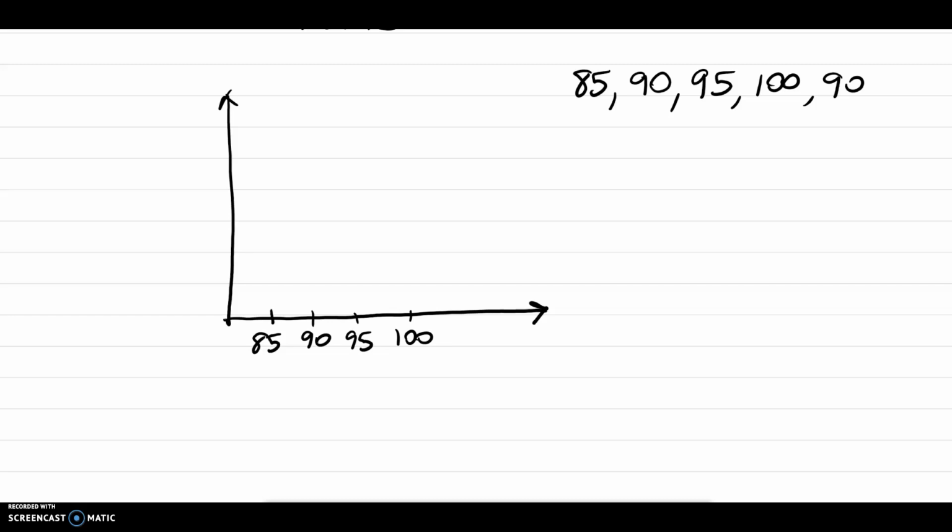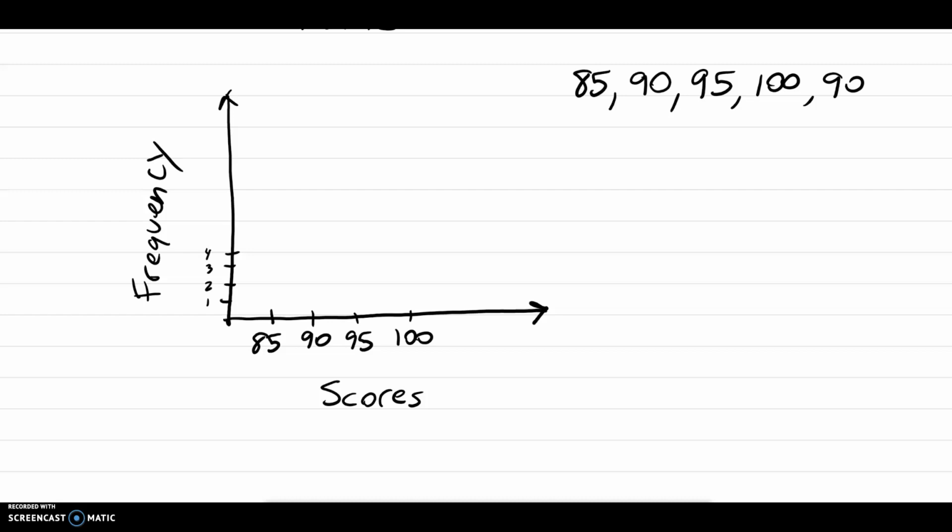So I have 85, 90, 95, 100. These are the scores that students had. And on the side, we're going to have the frequency of that number. So how often do you see that number occurring? So once, twice, 3 times, 4 times, and you can keep counting higher and higher.